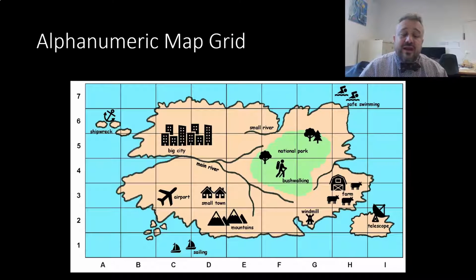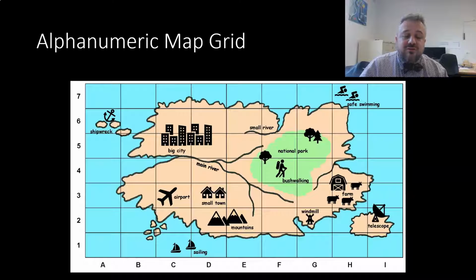So here we have an alphanumeric map grid. And we can see we have an airport, for example, but we can use the alphanumeric aspect of this grid to describe where the airport is.